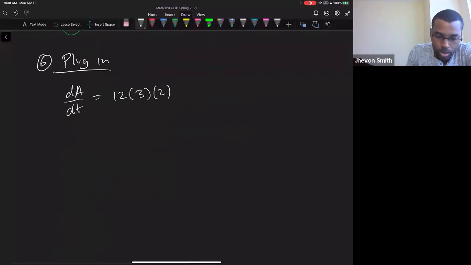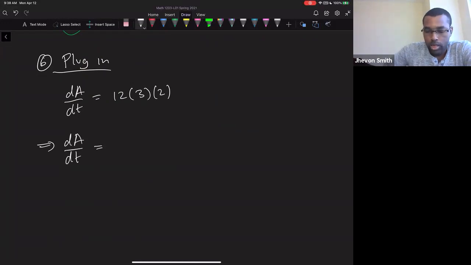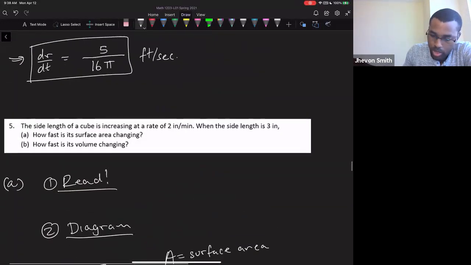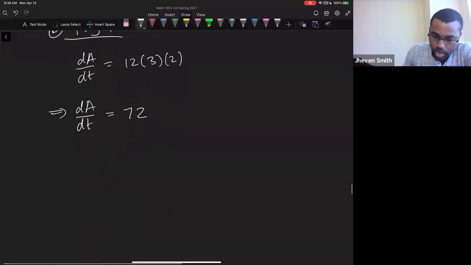So that means your dA/dt is equal to, what is that? 12 times 3 is 36, so that's 72. And that's inches squared per minute for this area.